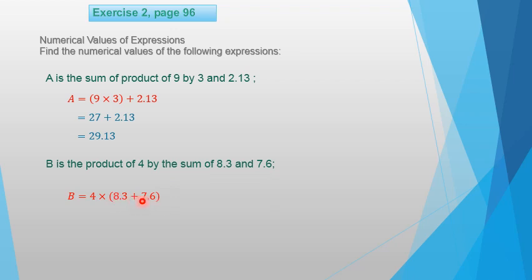So inside the parentheses, I have to write 8.3 plus 7.6. And the priority goes to solve what's inside parentheses. So B equal 4 times 15.9. It's the answer of adding 8.3 to 7.6. Now 4 times 15.9 is 63.6.